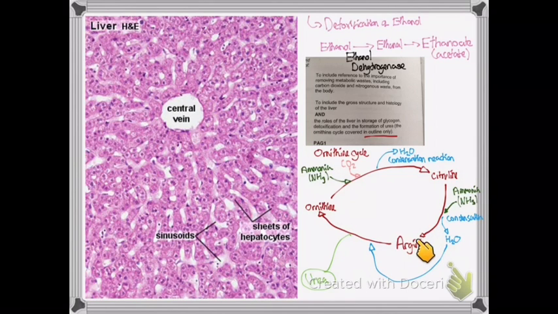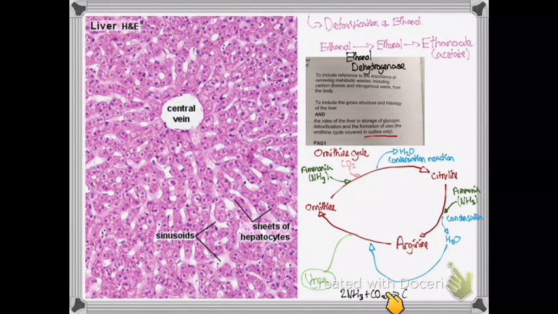Citrulline and ammonia make arginine. Water is produced as a byproduct in both reactions, but then water is used to form urea from arginine, which goes back to ornithine. You don't have to know how many carbons each of these things have or their chemical basis, nothing like that. You just have to know the cycle.